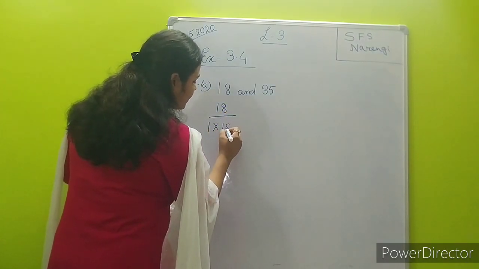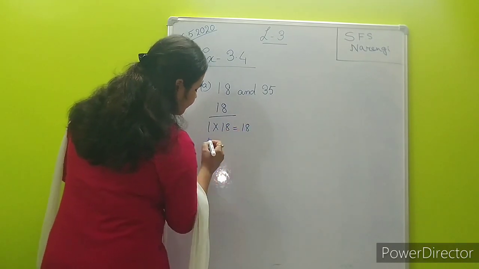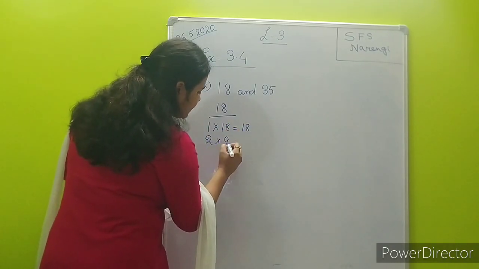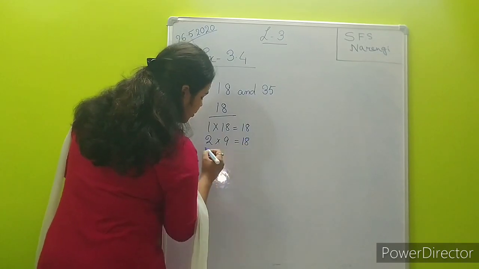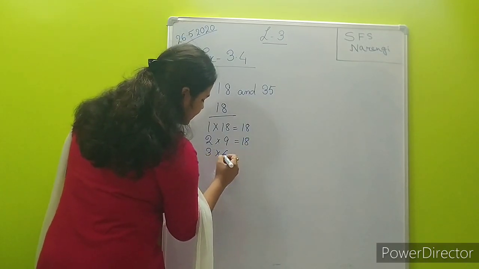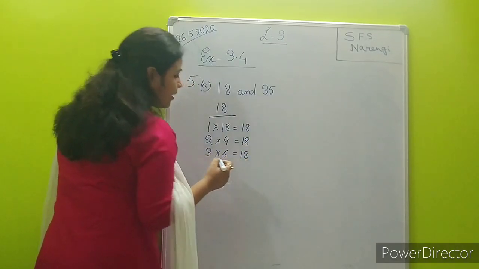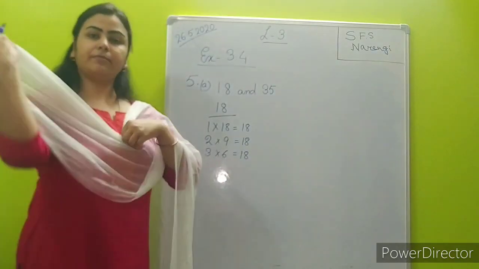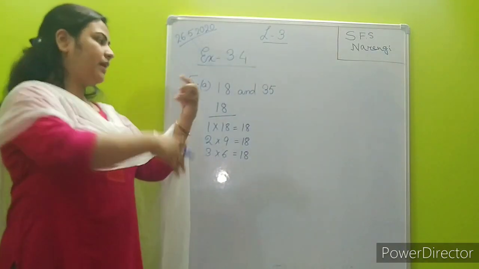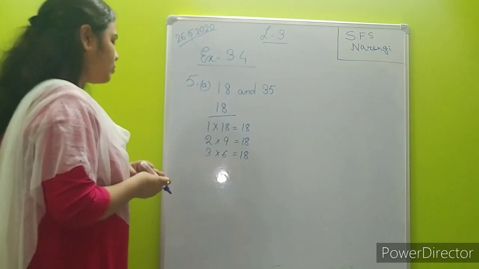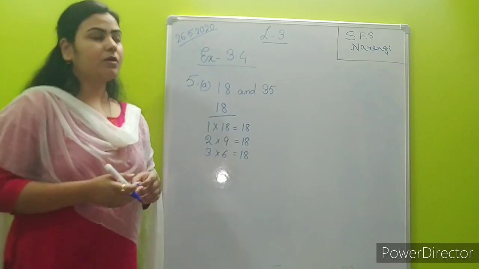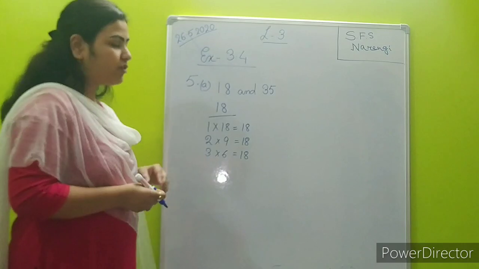1 into 18 is equal to 18. 2 9s are 18. 3 6s are 18. In 4's table, do we have 18, children? No, we don't. 5, no. 6, we have already written.